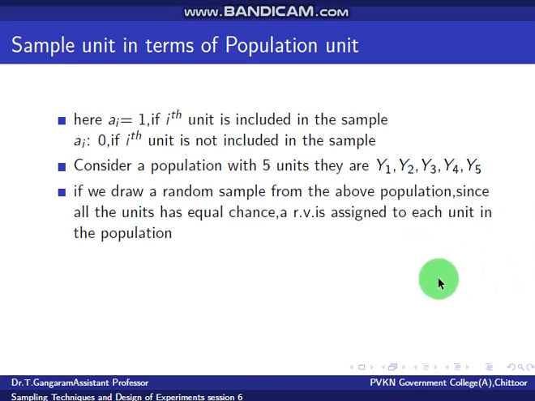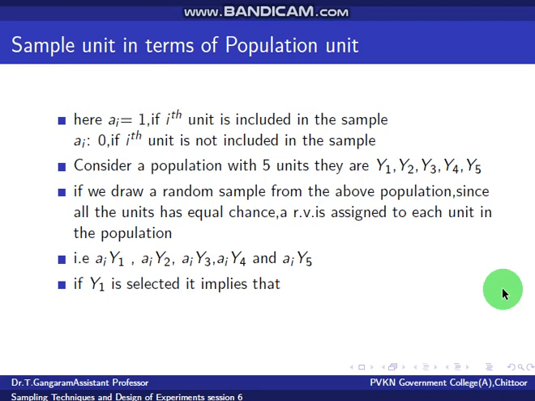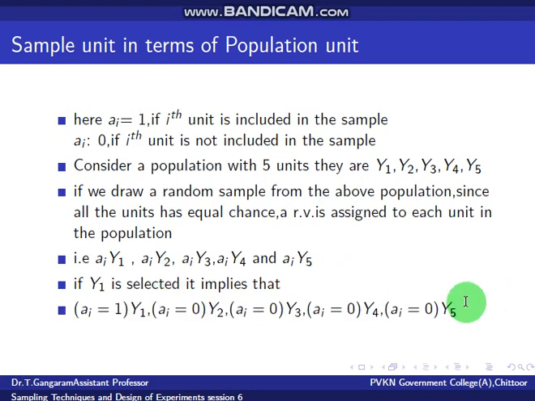If we draw a random sample from the above population, since all the units have equal chance, a random variable has to be assigned to each unit in the population. That is, ai into Y1, ai into Y2, ai into Y3, and so on. If Y1 is selected, it implies that ai is equal to 1 since this Y1 unit is selected.